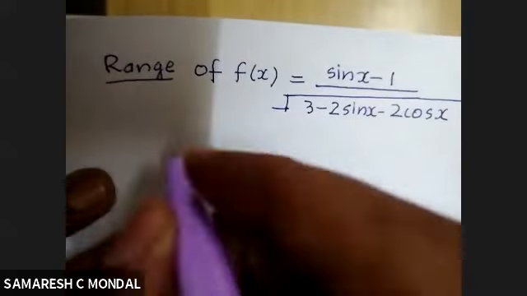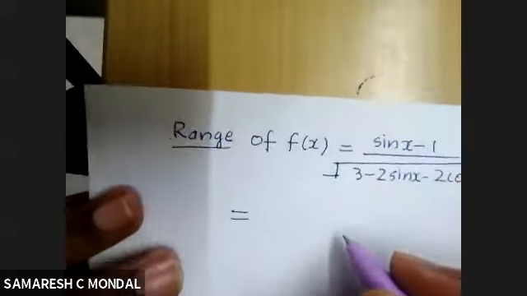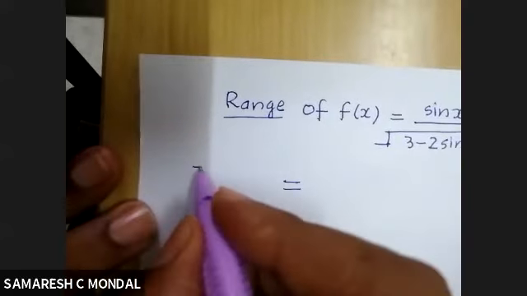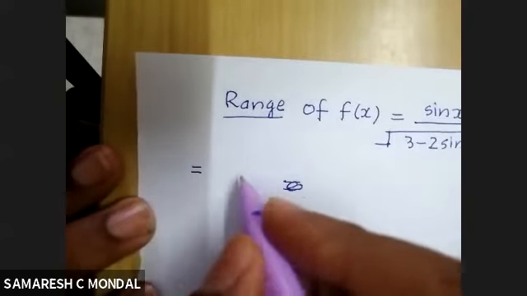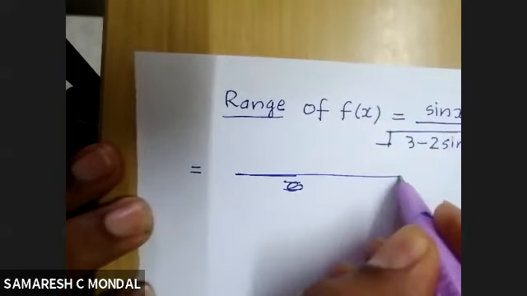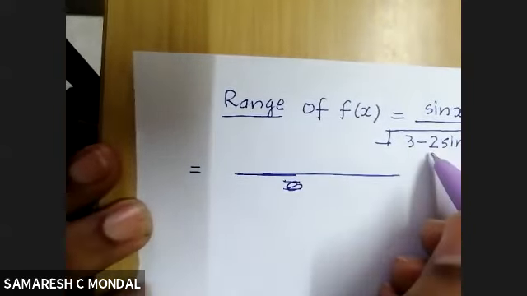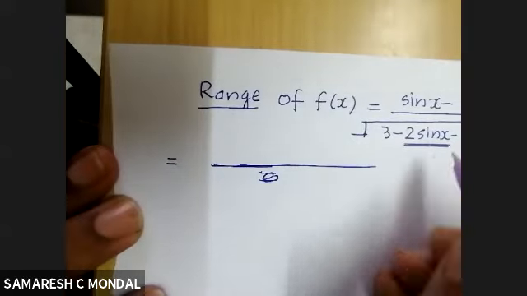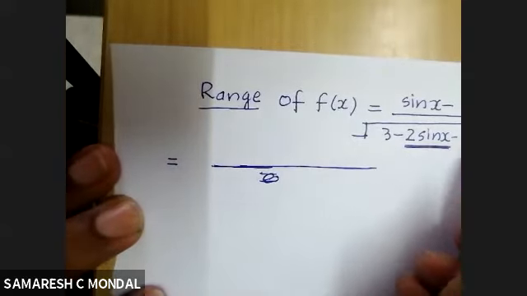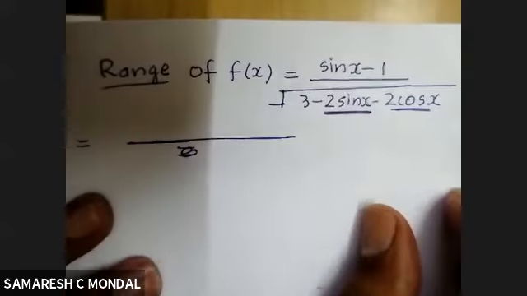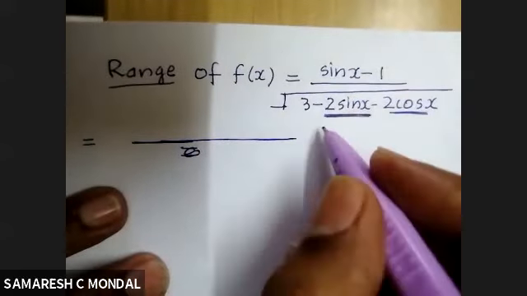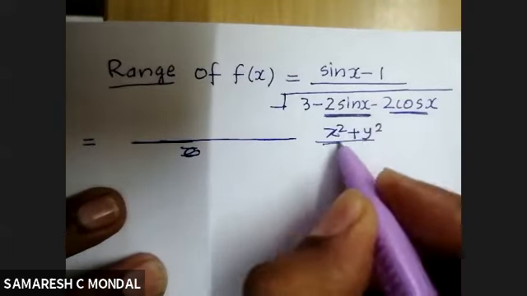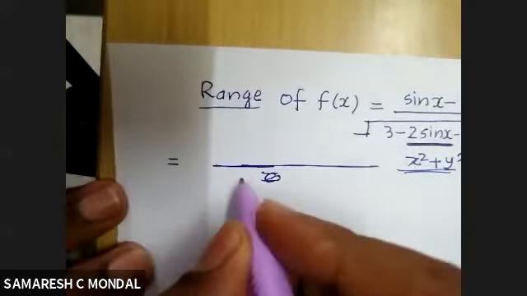So first I'm writing the denominator. Here it's minus 2 sin x, and here minus 2 cos x. So why I want to write something like a distance formula, x square plus y square kind of stuff.